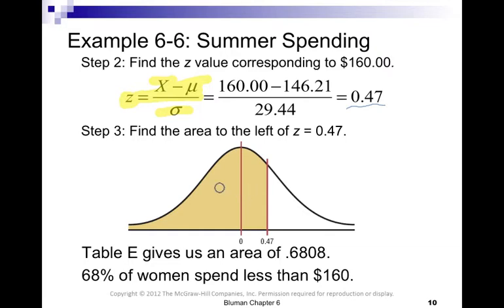Okay, so now we need to go and look up in table E the area under the curve. So we're going to go and do that. Let's look under the area under the curve for table E.